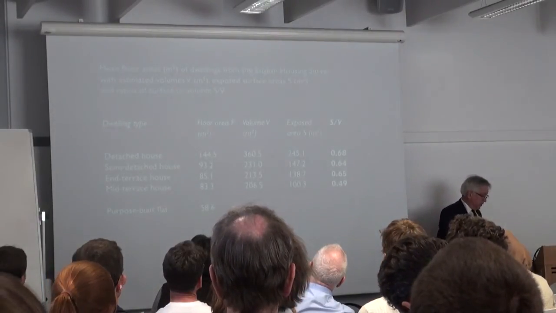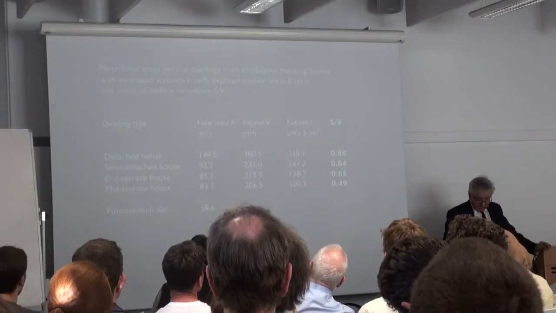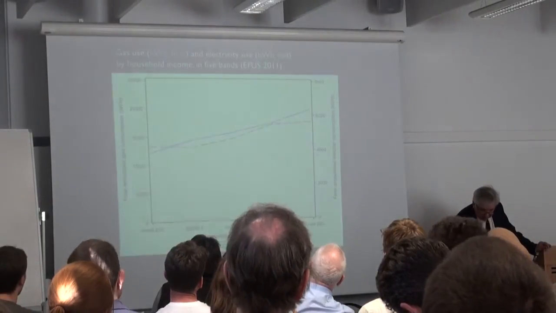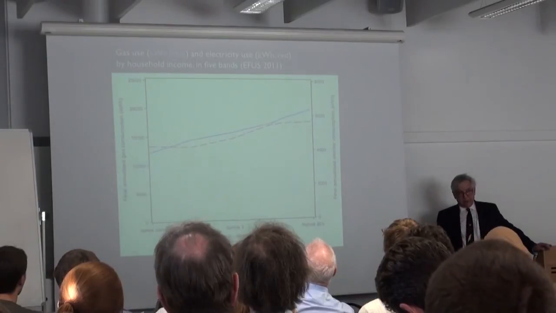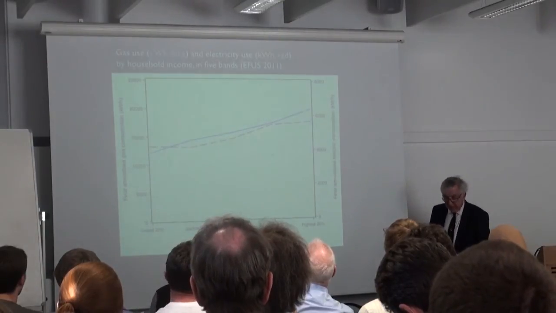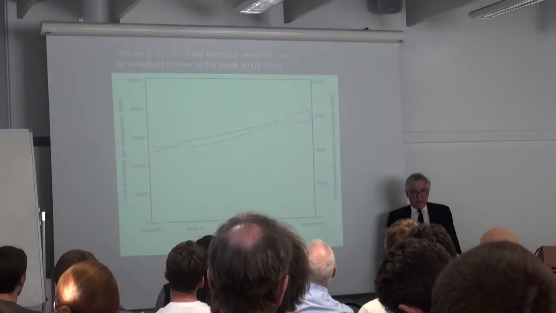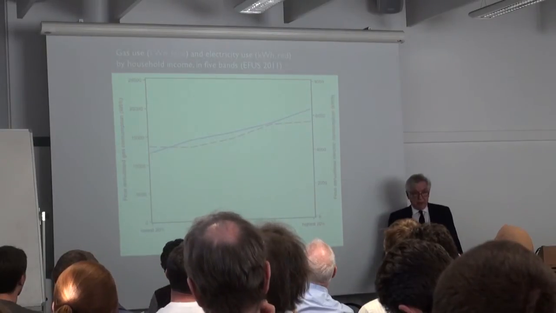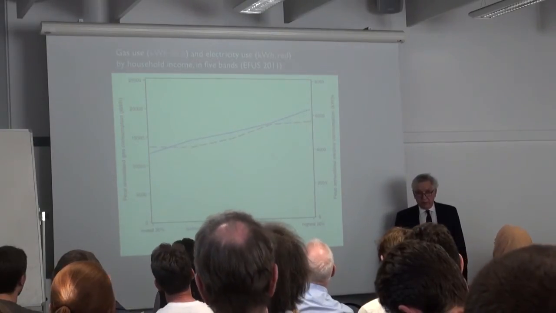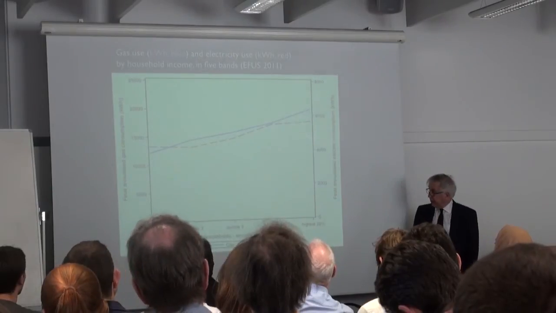There's a third consideration which would come into the mix here, and that is, of course, that one would expect people living in larger houses to be richer and to have more bits of energy-using equipment, or be more profligate, or have higher temperatures.